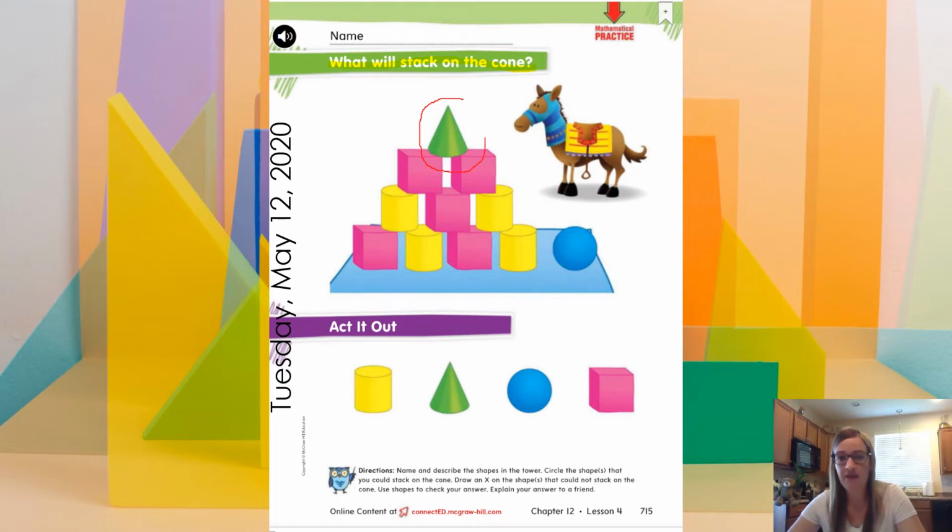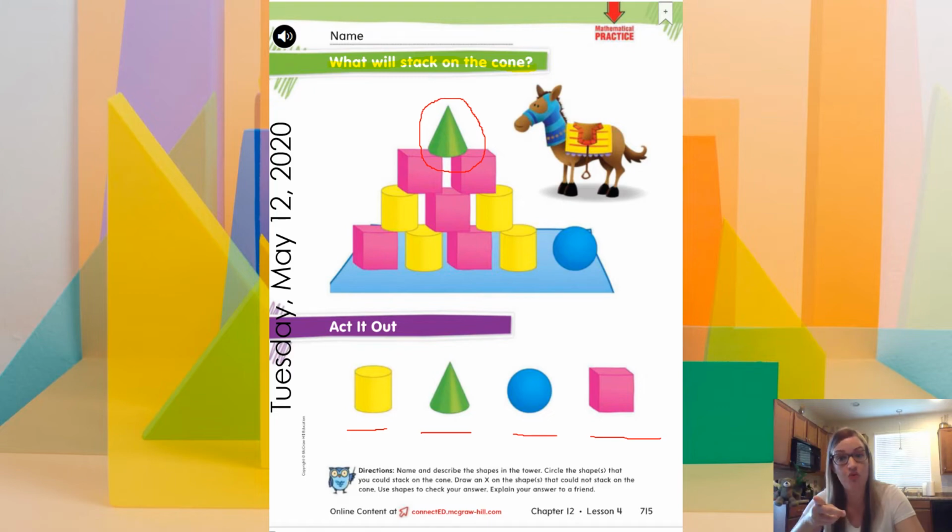Now think about the characteristics of a cone. We got to figure out what could stack on the cone. Looking down below, your choices are a cylinder, another cone, a sphere, or a cube. What's your answer? You're right. None of those objects could stack on the cone.